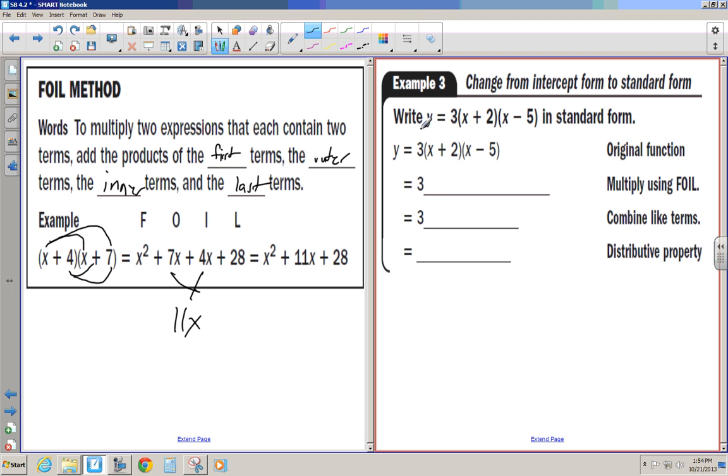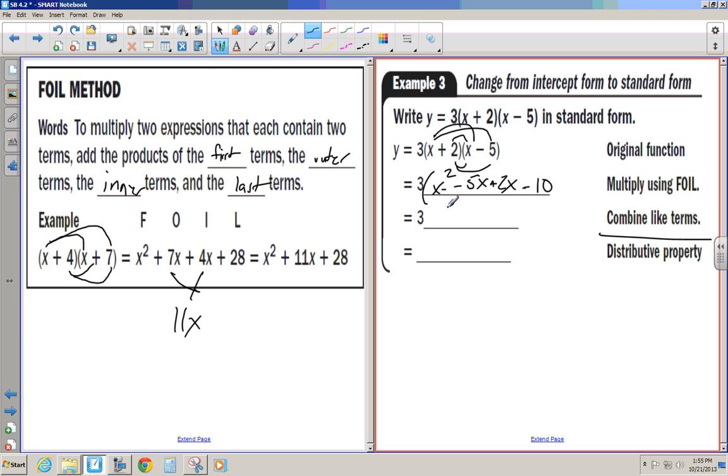So, looking here, you take the first term, x times x. You take the last term, or the outermost terms, and now we do the inside terms, 2x, and the last terms, which is negative 10.